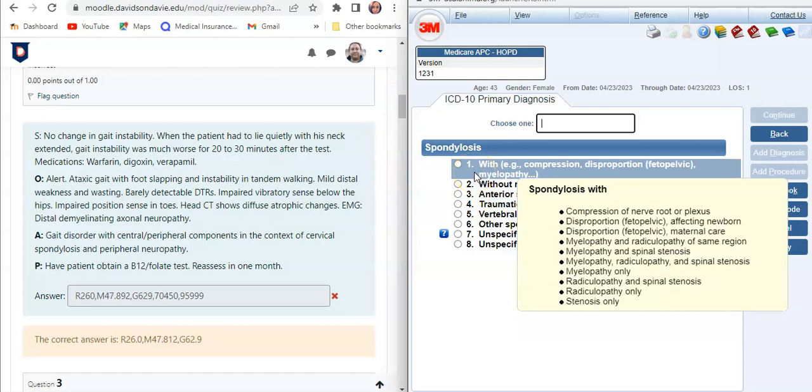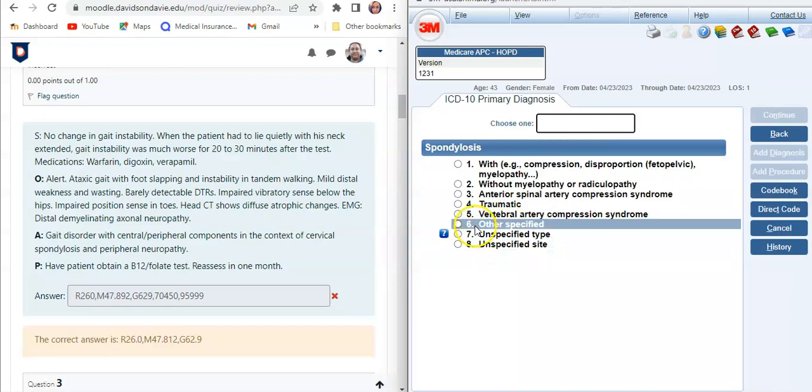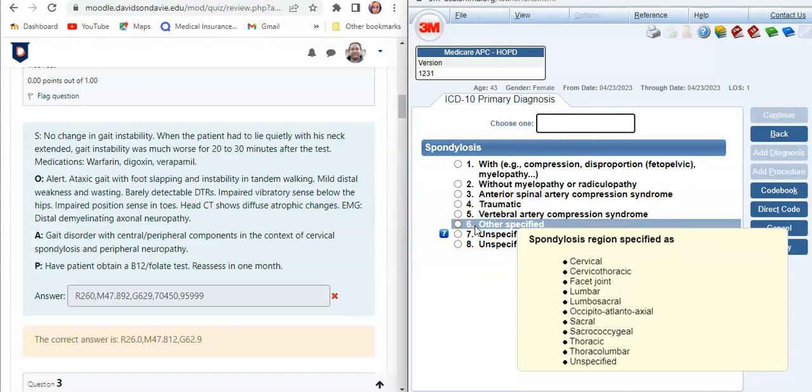Now I like these because they really can help you when you hover over them, tell you the details on this stuff. So I'm just looking to see if there's anything that's noted here. Peripheral neuropathy. Yeah, I don't see anything.